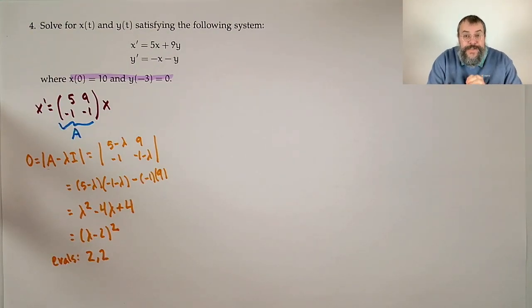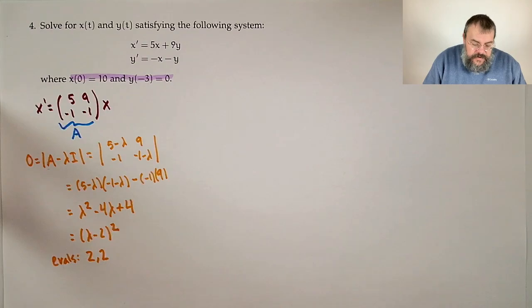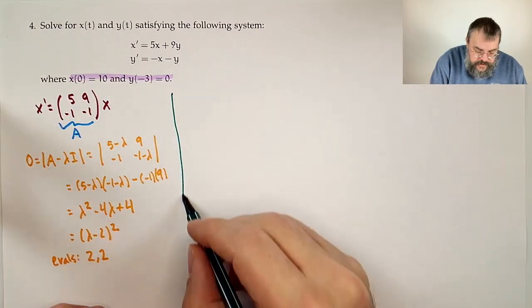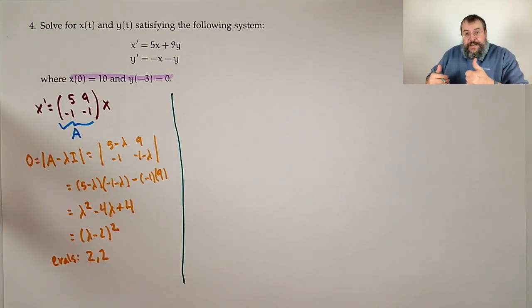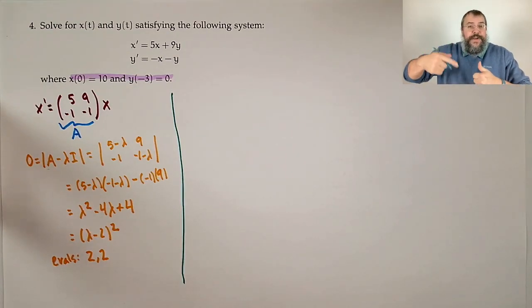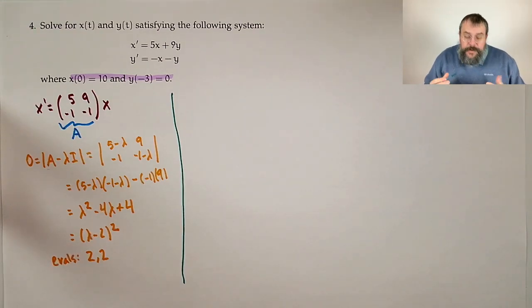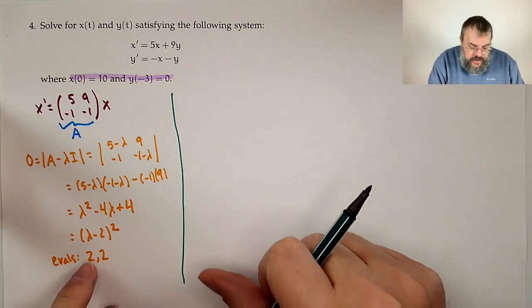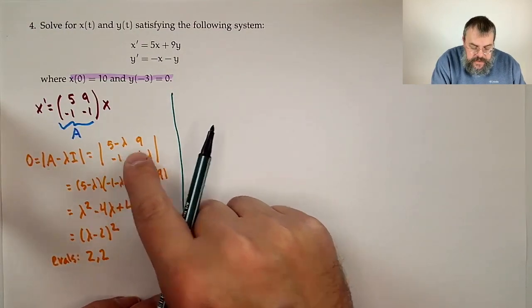So we have our missing eigenvector hat on, and we're going to go through 2 rounds. Round 1 is we find the eigenvector, and round 2 is we find the generalized eigenvector. The key is to start with A minus lambda I. We know the eigenvalues are 2, so plug in lambda equals 2.